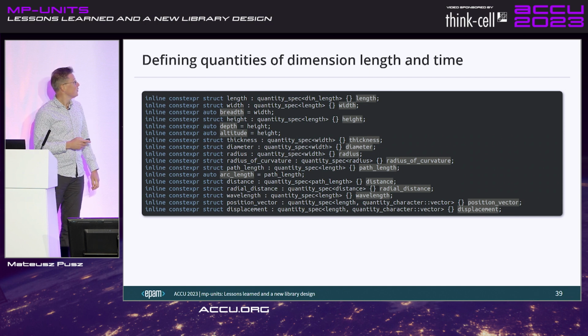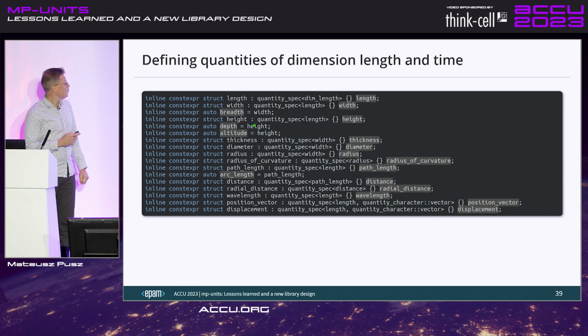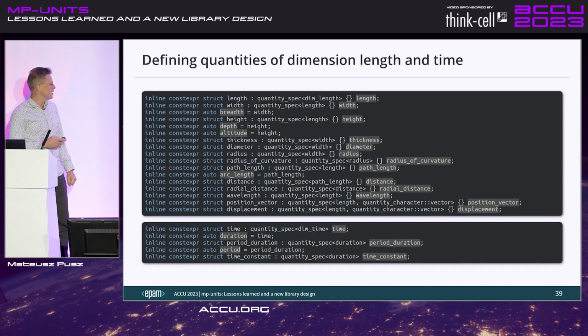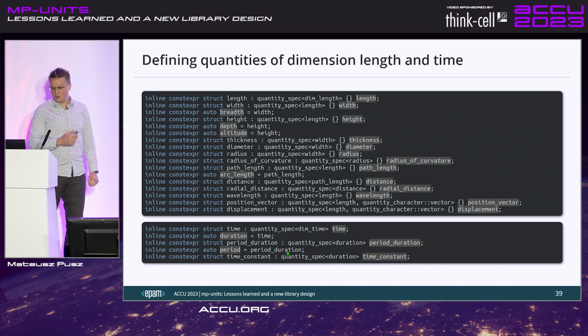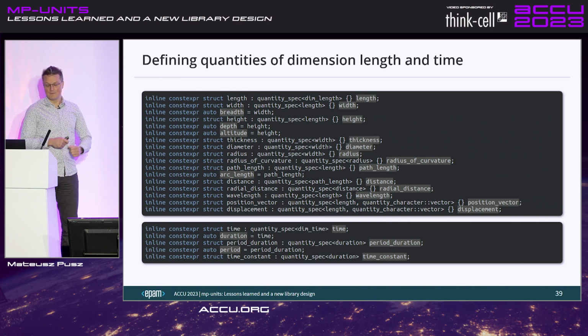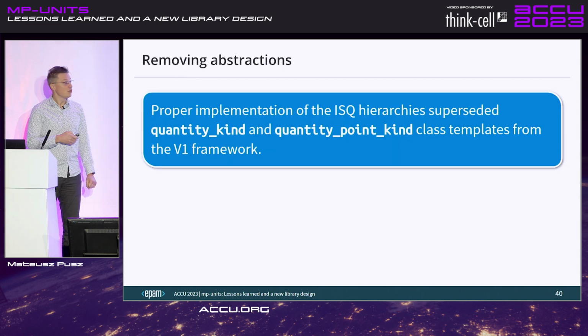You have all of those specified here for length, and the same for time, and you can use them robustly to specify what you mean. With that, the quantity kind and quantity point kind types that we had before in the library are not useful anymore, because we have dedicated quantities to express those different quantities of the same kind.